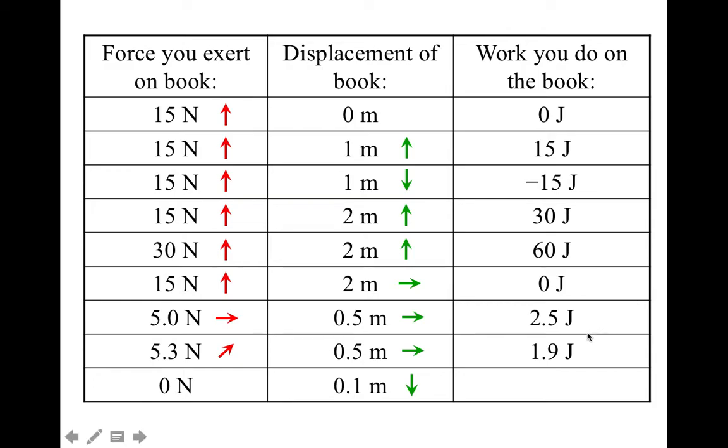That 1.9 joules of work is the collinear portion of the force along that displacement. And then finally, if I'm exerting 0 newtons but still having displacement, again that's going to be 0 because work depends on force and displacement.